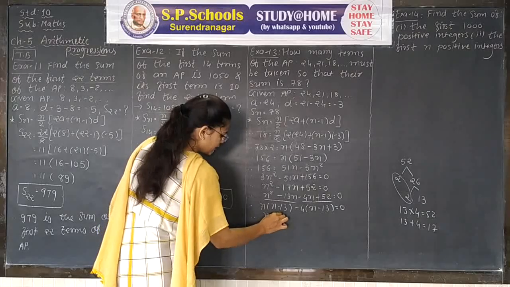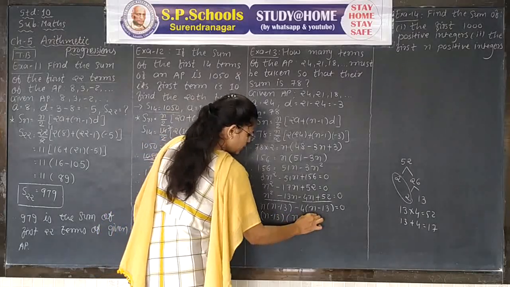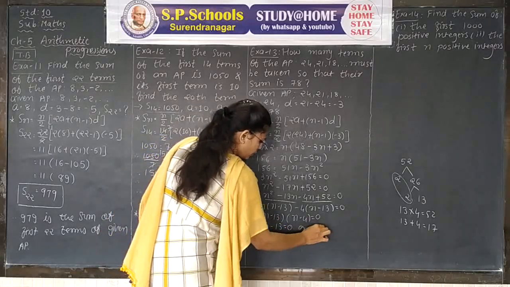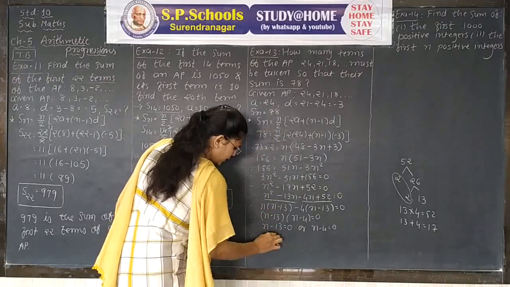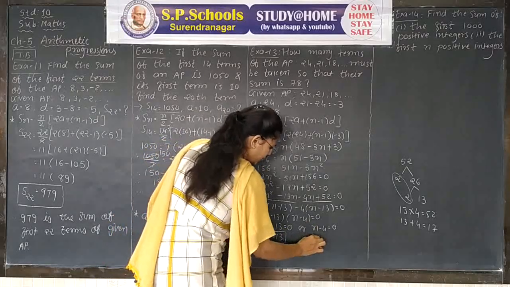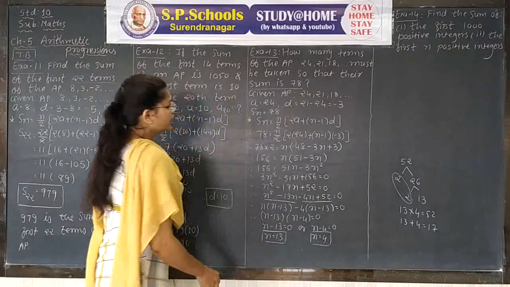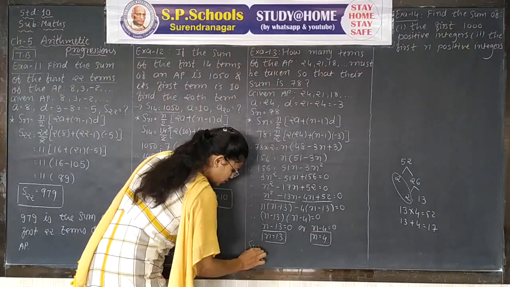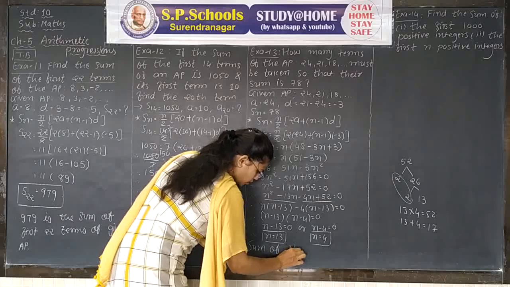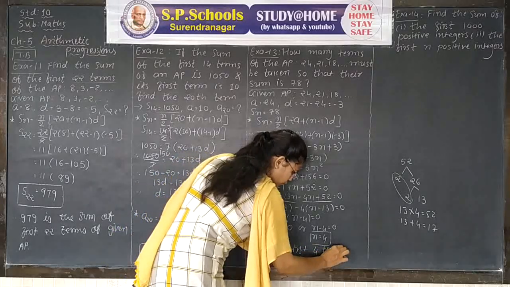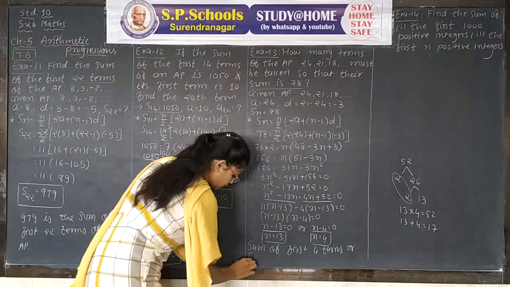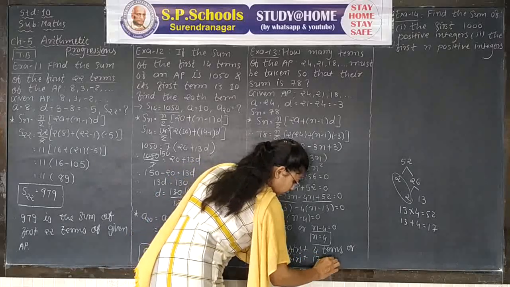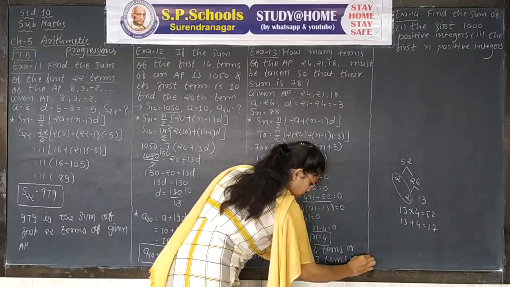In the first bracket it is n minus 13, another bracket n minus 4 is equal to 0. On comparing both with 0, n minus 13 is equal to 0 and n minus 4 is equal to 0. We get n is equal to 13 and n is equal to 4. Here the sum of first 4 terms is 78 or the sum of first 13 terms is 78.